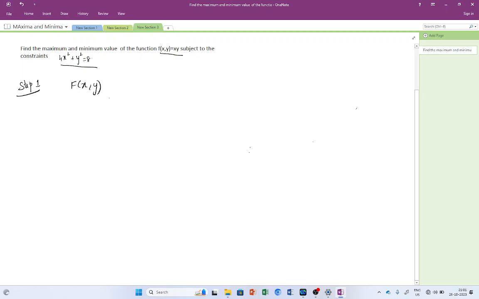So capital F(x, y) is nothing but small f(x, y) plus lambda into g(x, y). Okay, so from the given question, your f(x, y) is nothing but xy, and g(x, y) is nothing but 4x square plus y square. Here you have plus 8, when it goes to the other side it will be minus 8.